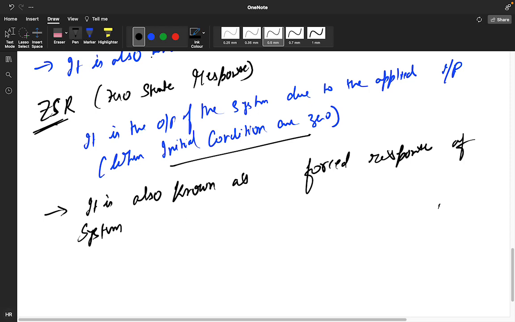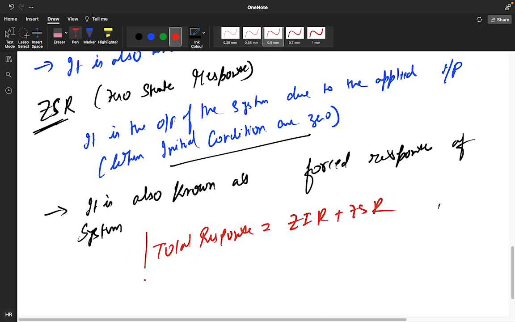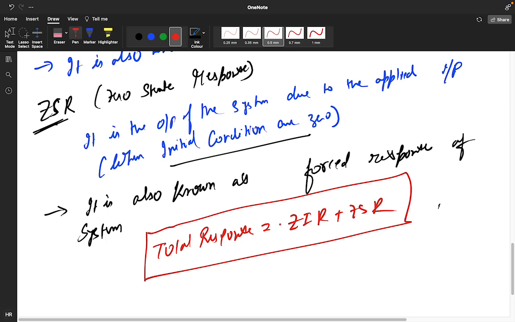So what do you mean by total response? Total response is nothing but ZIR plus ZSR. ZIR is your natural response, ZSR is your forced response.